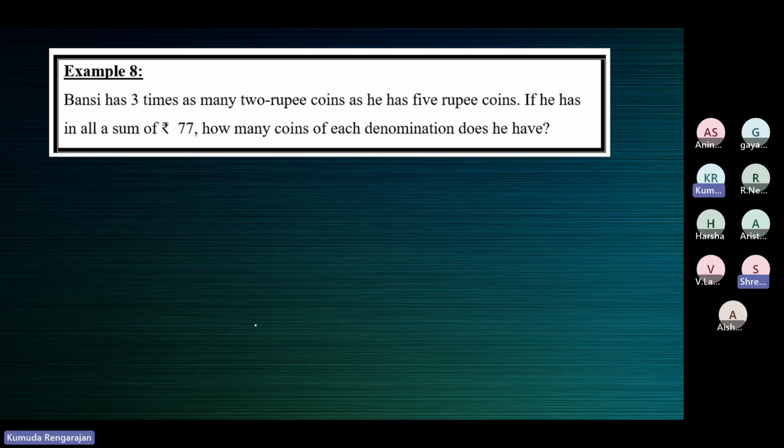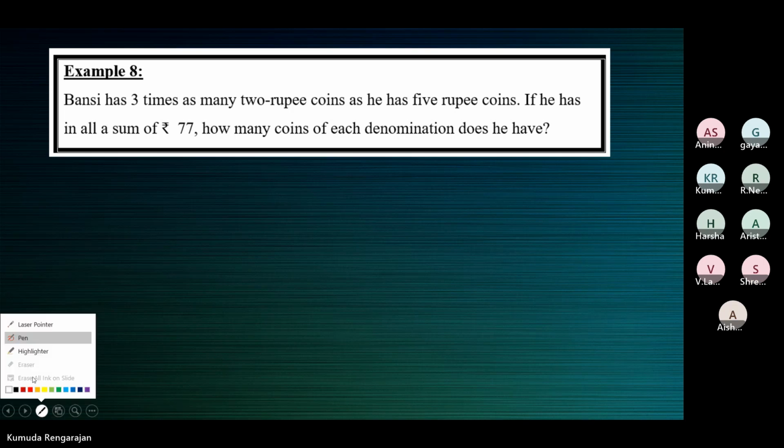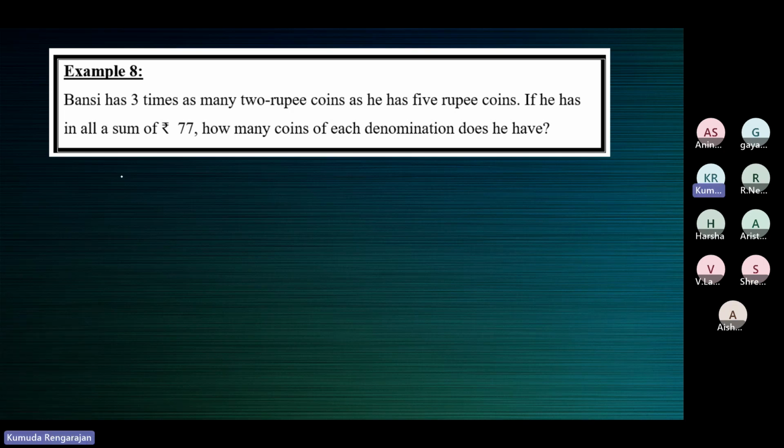I didn't understand this. Can you please repeat? Okay. So Shreya, you have some 5 rupee coins. How many 5 rupee coins do you have? Supposing you have 5 rupee coins.